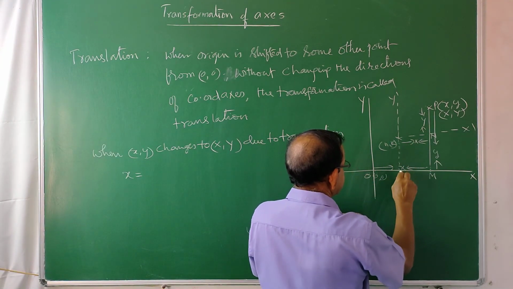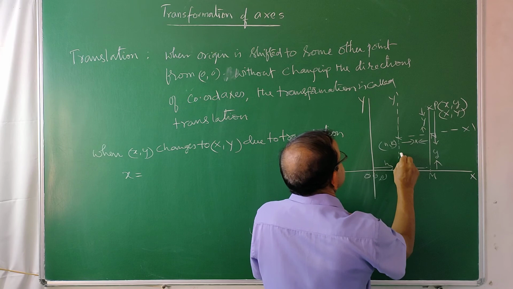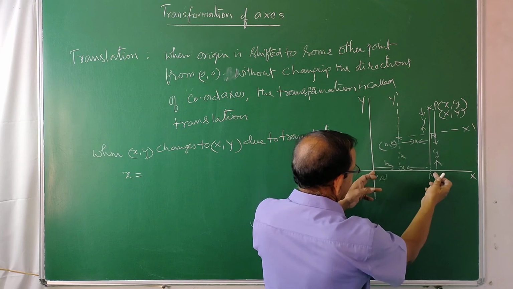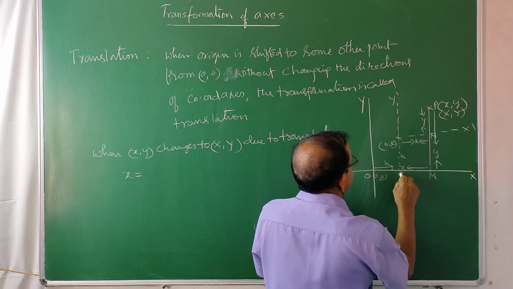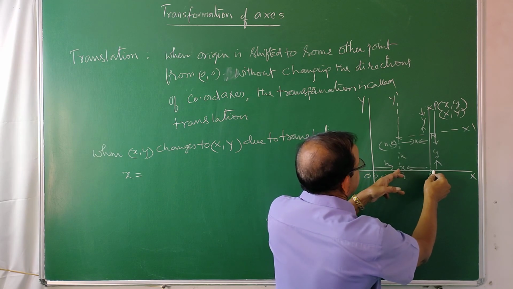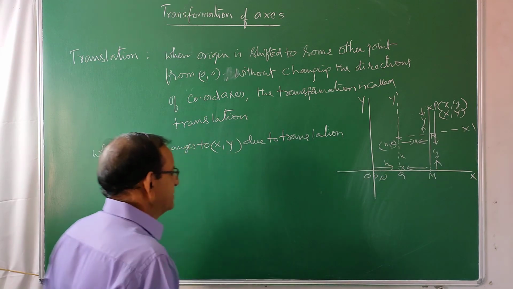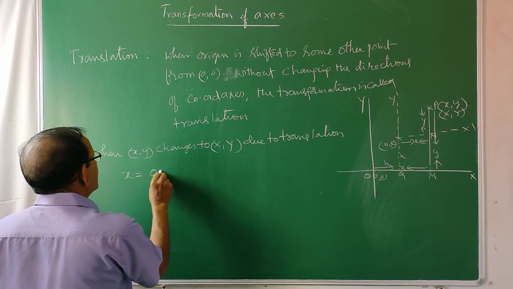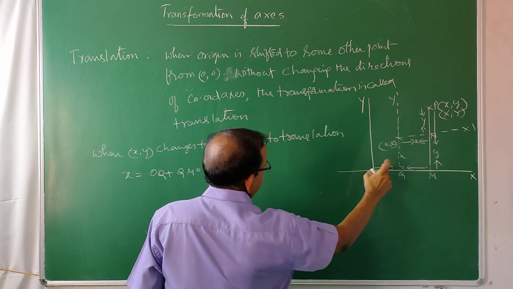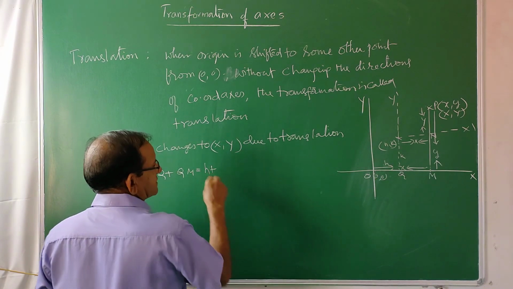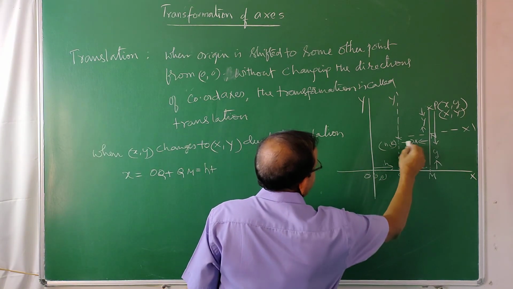Now if you extend this, this is equal to h and this is equal to k. Small x is equal to OQ plus QM, but OQ is equal to h. H plus QM means big X.